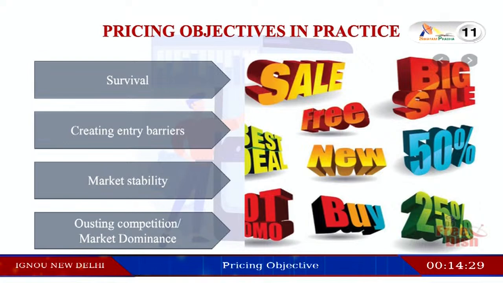Sometimes it is market dominance. You can see what is happening to India's telecom sector, and to India's internet service provider sector. There are a few players which are so dominant that they price their product to oust competition.